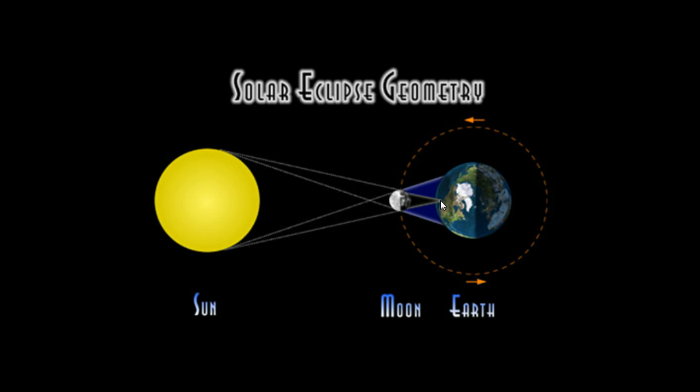So the track of the moon's shadow across the surface is called the path of totality. Write that down. So remember, let's take a look at what we mean by the path of totality. If you're standing right here on the umbra, the Earth isn't sitting still, it's still rotating. So this little swath is rotating as well.